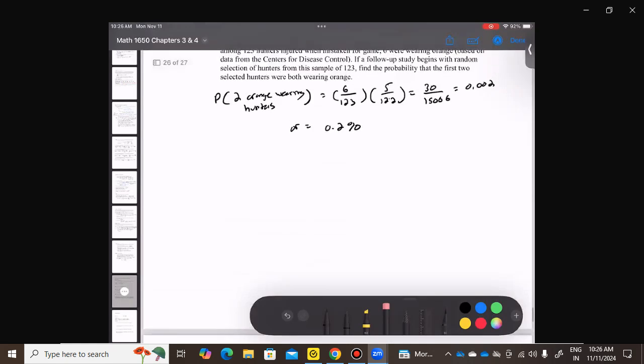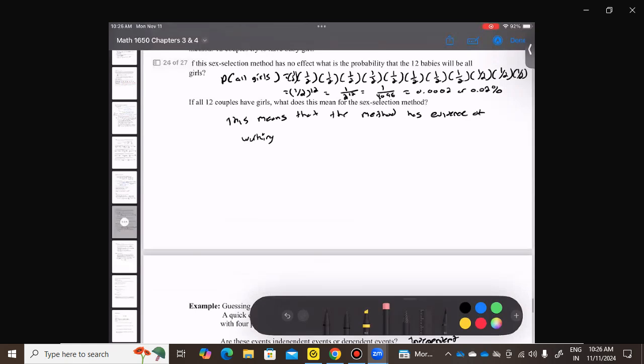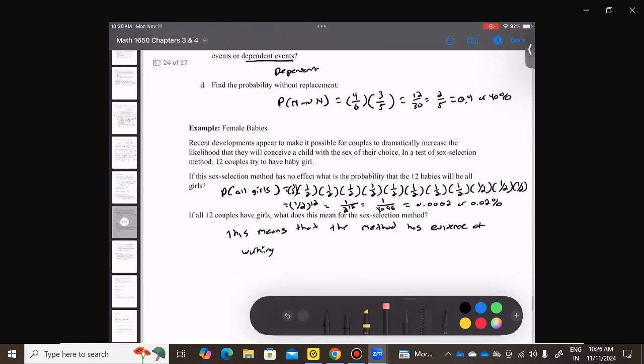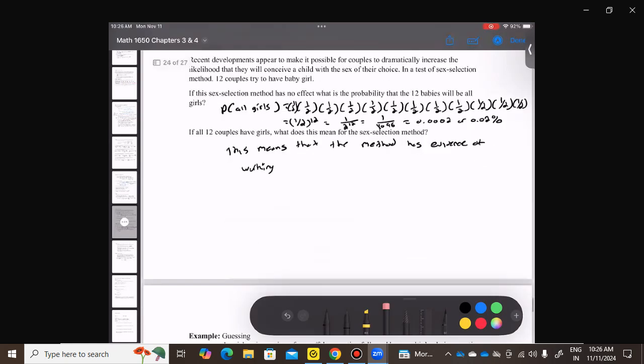It's with the female babies. We were looking at 12 babies and looking at, in a sense, them being all girls. But we can look at it as at least one boy would be one of these girls not being a girl and being a boy. And so it's set up the same way when you end up with having an exponent there for how many trials you have.